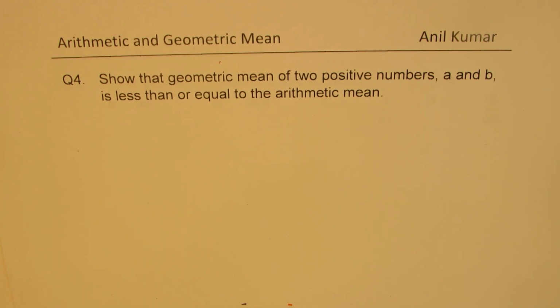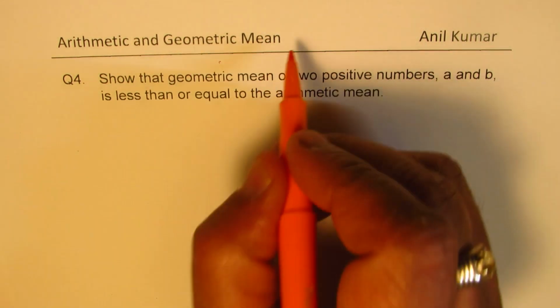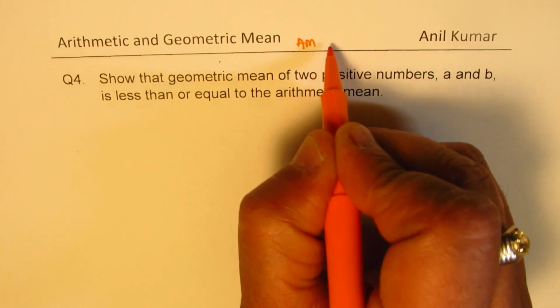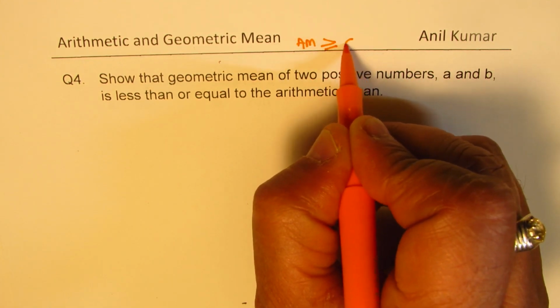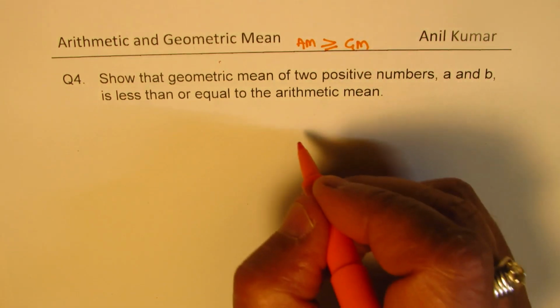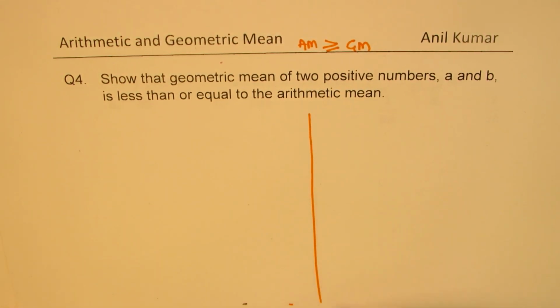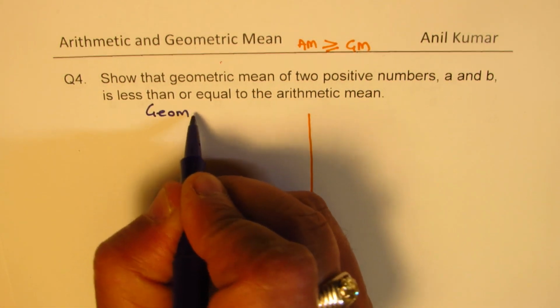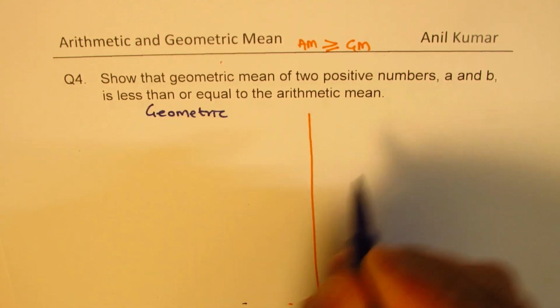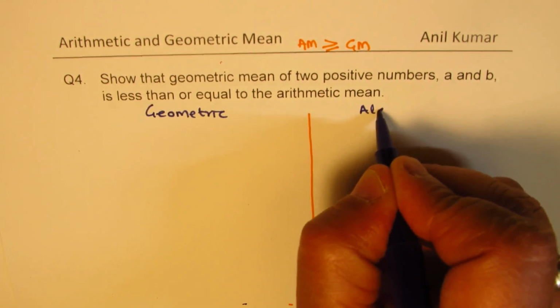So we'll look into this inequality that the arithmetic mean is always equal to or greater than the geometric mean. In this video, we'll prove it, and we'll use two different methods to prove it. One approach will be geometric and the other will be algebraic.